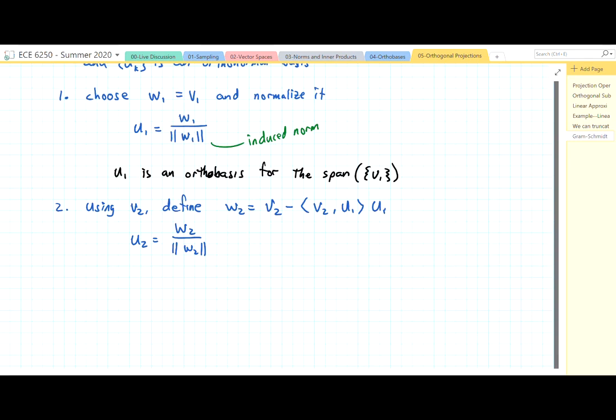So, but we're getting closer. U2, U1, we know that this is, well, we assume it's orthonormal and orthogonal to U1. But let's try it out.